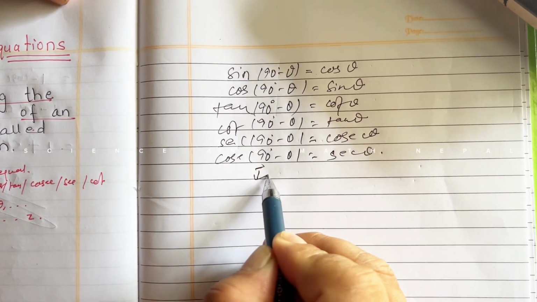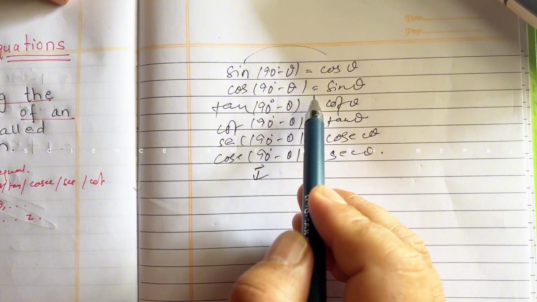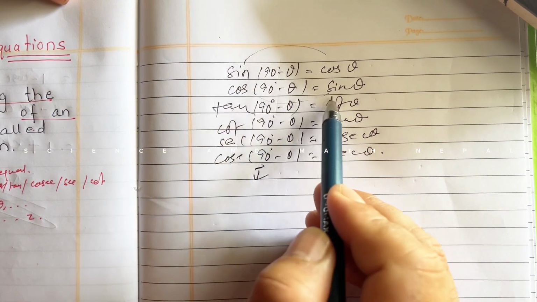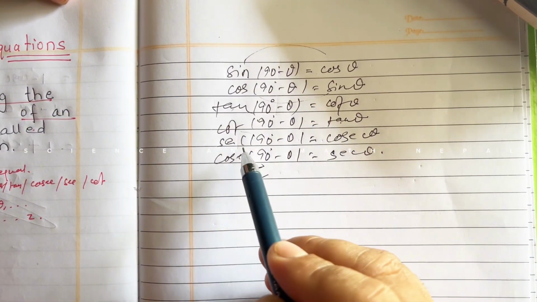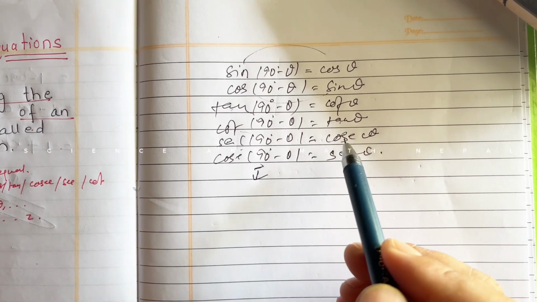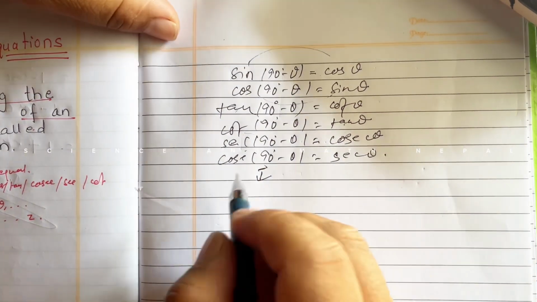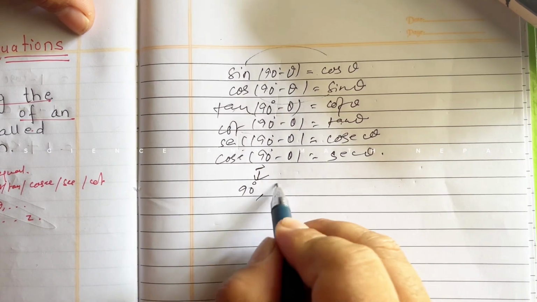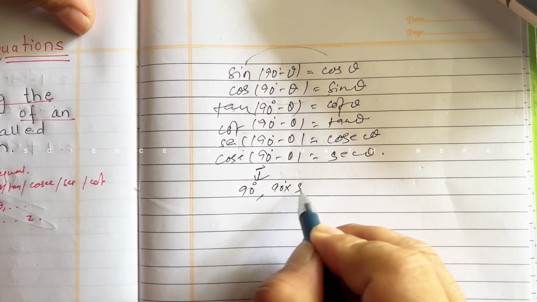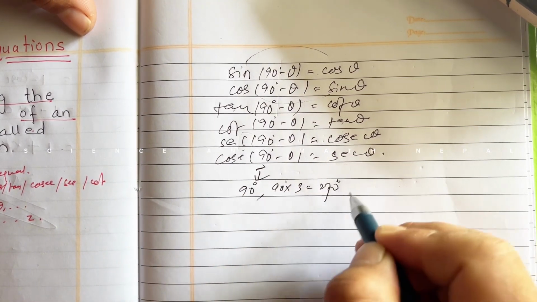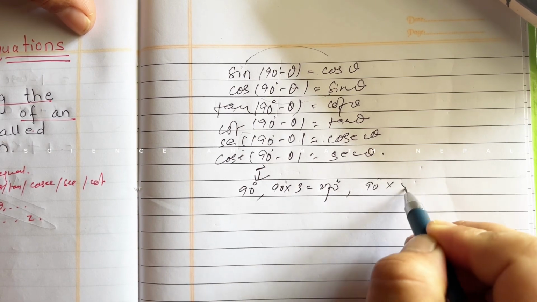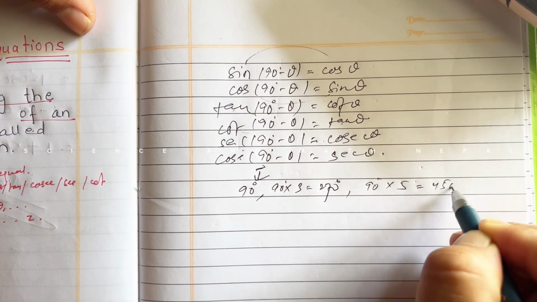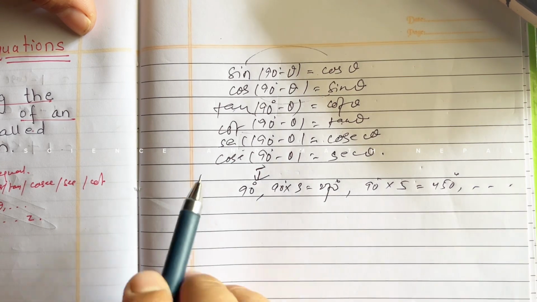Okay, in 90 degree, sin changes to cos, cos changes to sin, tan changes to cot, cot changes to tan, sec changes to cosec, and cosec changes to sec. It happens in 90 degree and odd multiples of 90 degree. It means 90 degree into 3, 270 degree, 90 degree into 5, 450 degree, and so on.